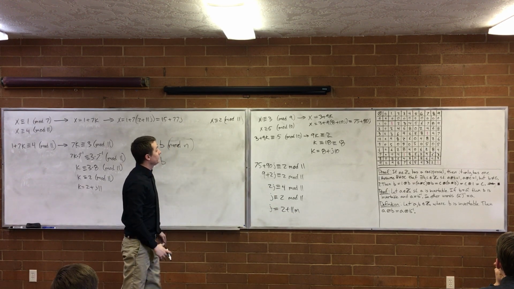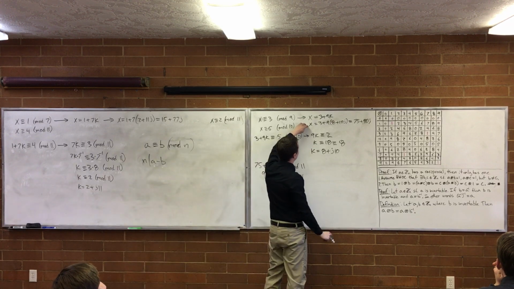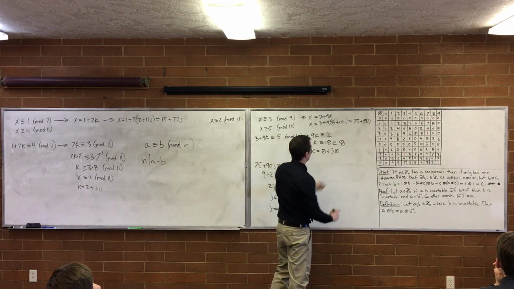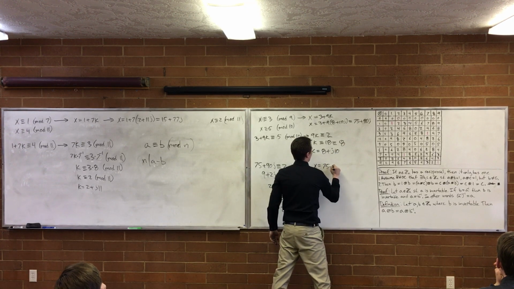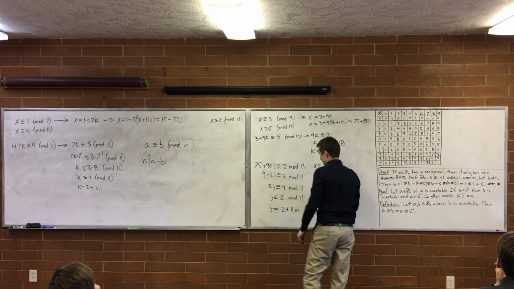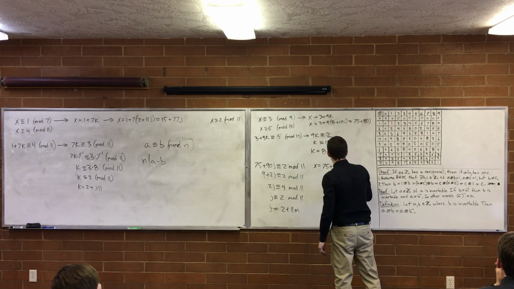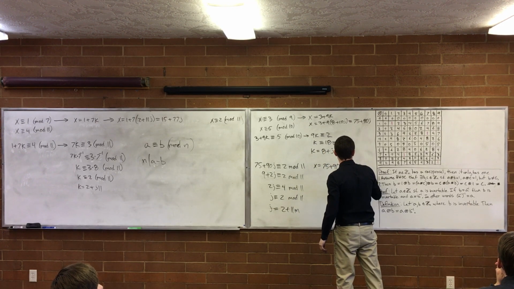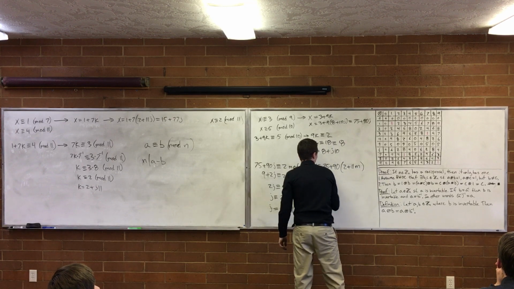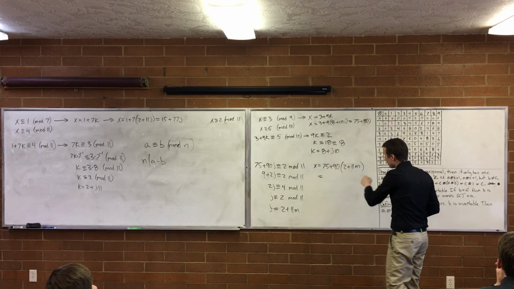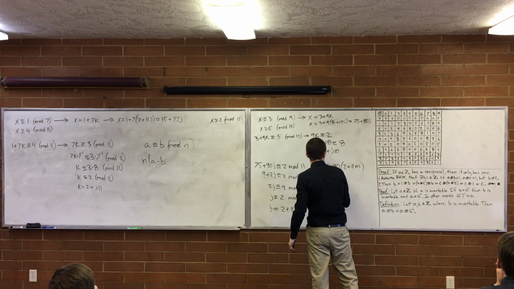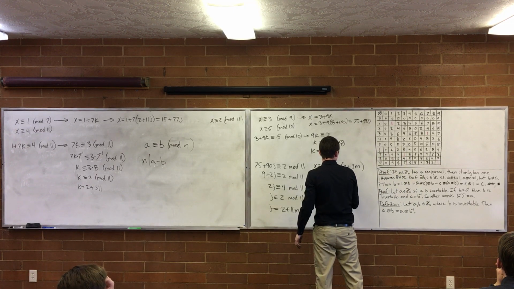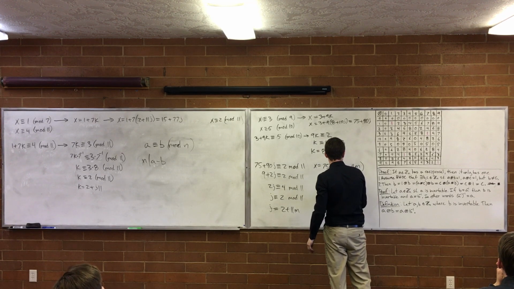Okay. So plug that in for j. So we knew that x was equal to 12 plus 90j. So x is equal to 12 plus 90 times 6 plus 11m, which is equal to 552 plus 990m.